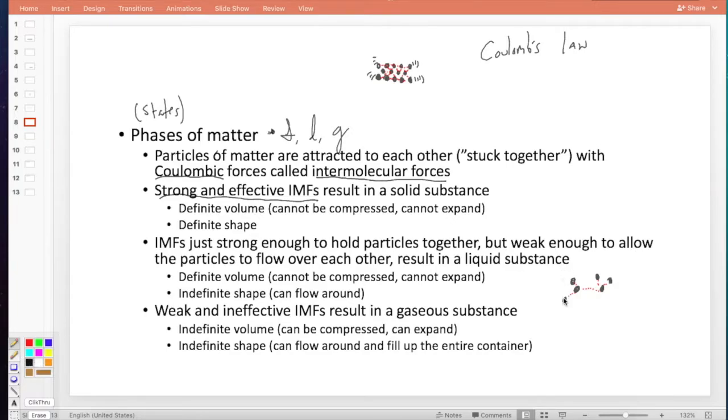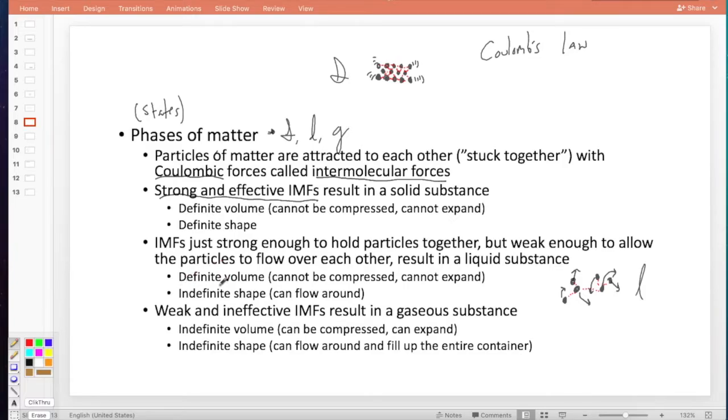The particles are allowed to still move and kind of flow and mix around and tumble over each other.